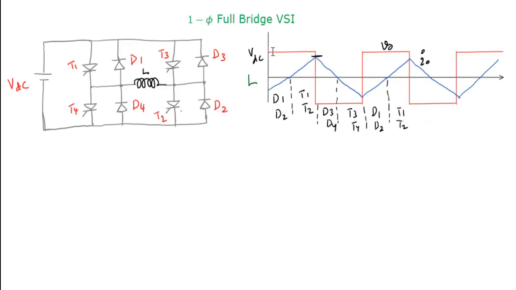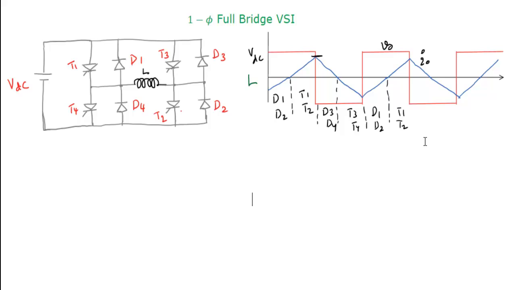Half of this, a quarter cycle, will be by diodes and the rest of the quarter cycle in the positive half cycle will be thyristors. Again in the negative half cycle, a quarter cycle by diodes, a quarter cycle by thyristors. So each and every diode and thyristor will be in conduction for 90 degrees or T by 4 seconds.